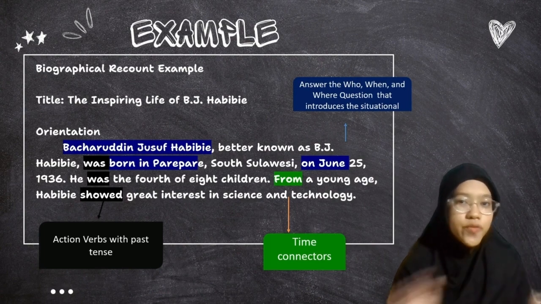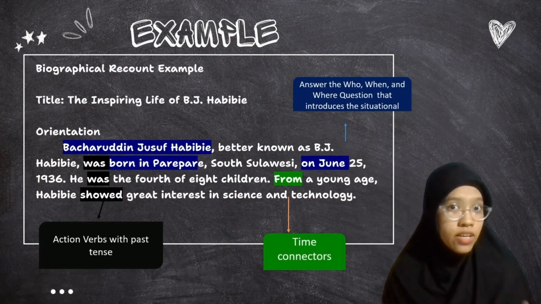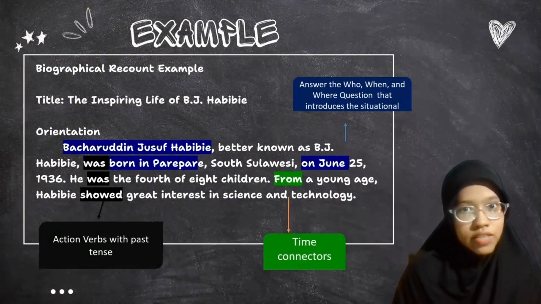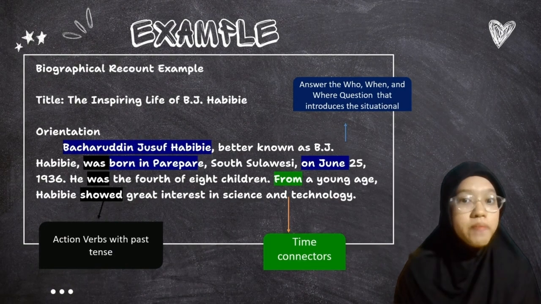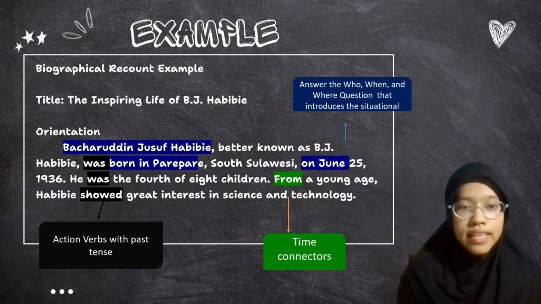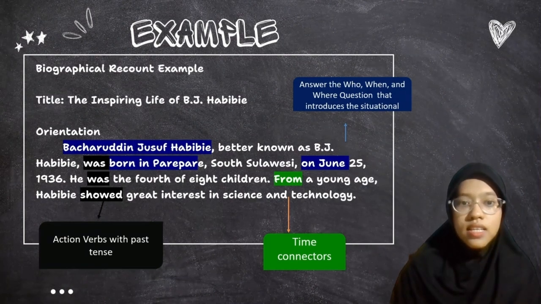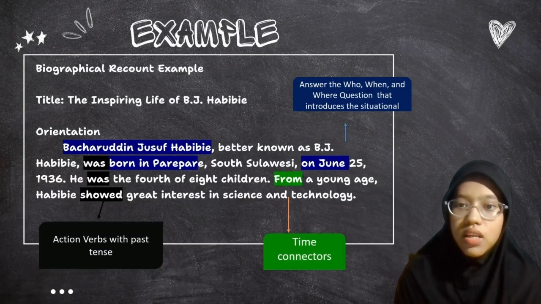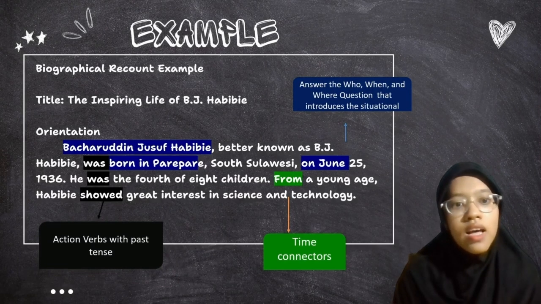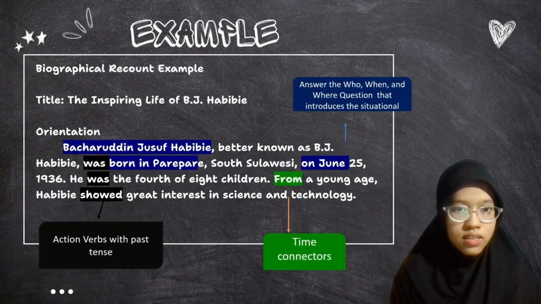Okay, now we move on to the example of the recount text. This is a biographical recount text example. The title is The Inspiring Life of B.J. Habibie. So let's look at the first text: Bacharuddin Joseph Habibie, better known as B.J. Habibie, was born in Parepare, South Sulawesi on June 25, 1936.